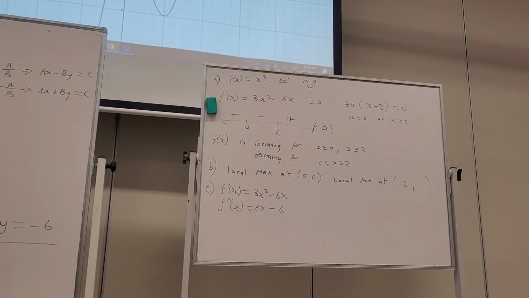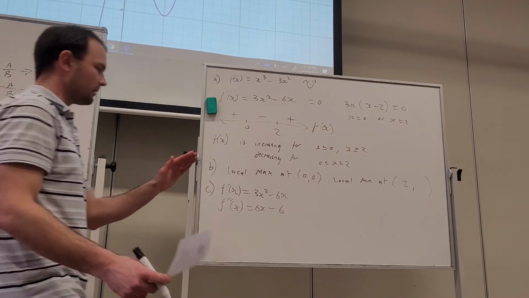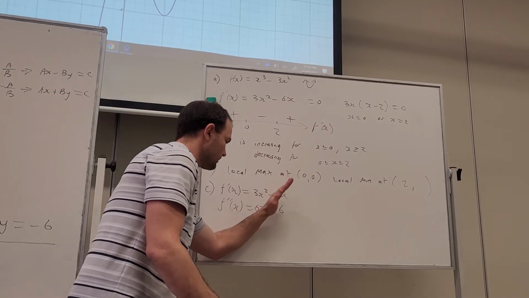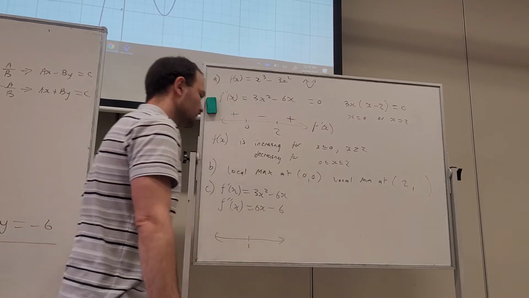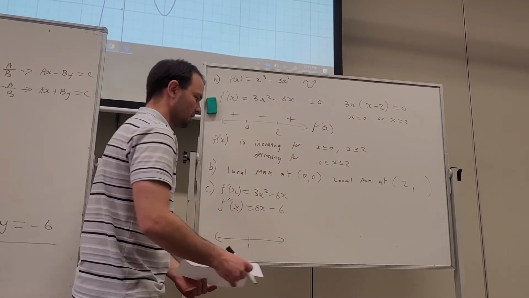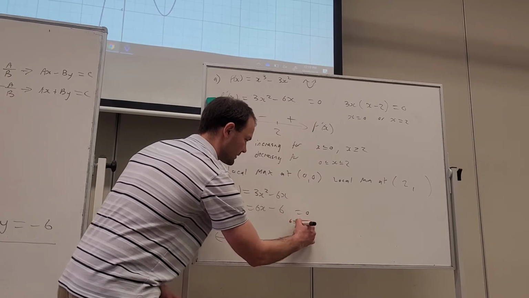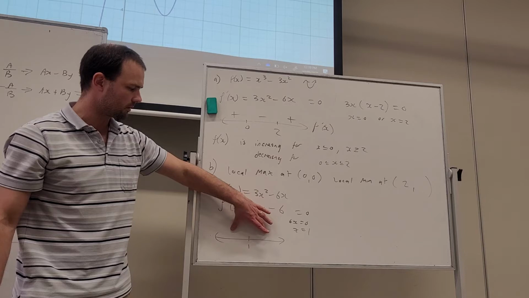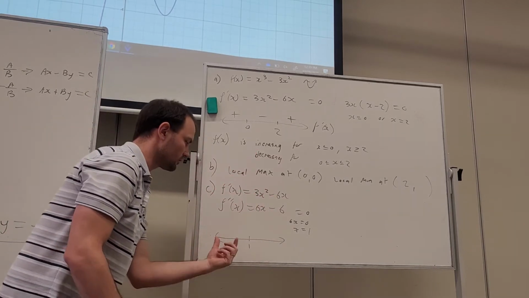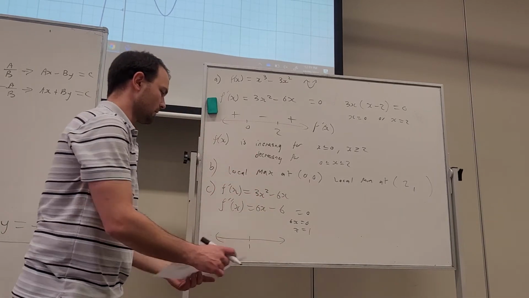It has positive slope. Okay, so already we're thinking of the sine diagram. We just need to know the value of x that makes it 0. You can solve it. 6x take 6 is 0, 6x is 6, x is 1. So that's the value that makes it equal to 0, and it has positive slope, which means it's going from negative to positive.